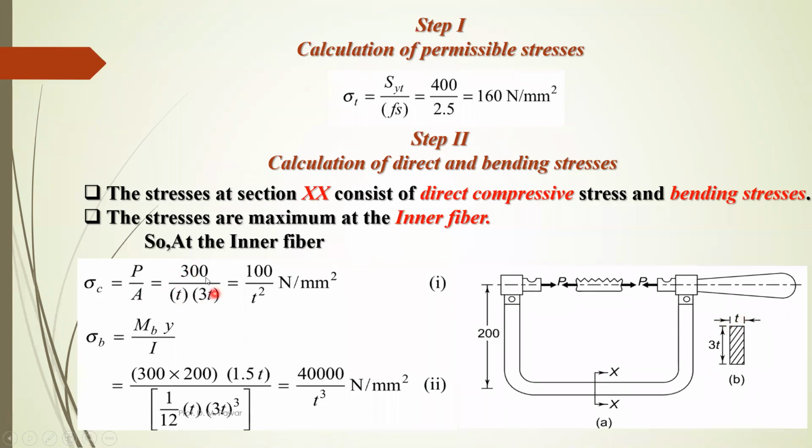By putting in all the values, P, the initial tightening force, is 300, and the area is t into 3 times t. So it becomes 100 divided by t square. Here in this equation, you can see that t is unknown, and that is to be calculated at the end. So t will remain as it is in this sigma C equation. Let us call it equation number 1.